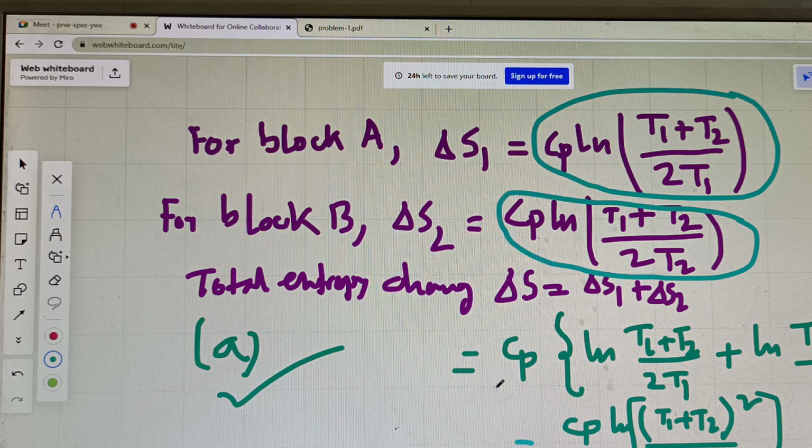So we apply the formula for the entropy change, delta S equal to Cp ln T final by T initial. Putting in the final and initial temperature for each block and then summing the two entropy changes for block A and block B, we get the total entropy change delta S, equal to delta S1 plus delta S2.